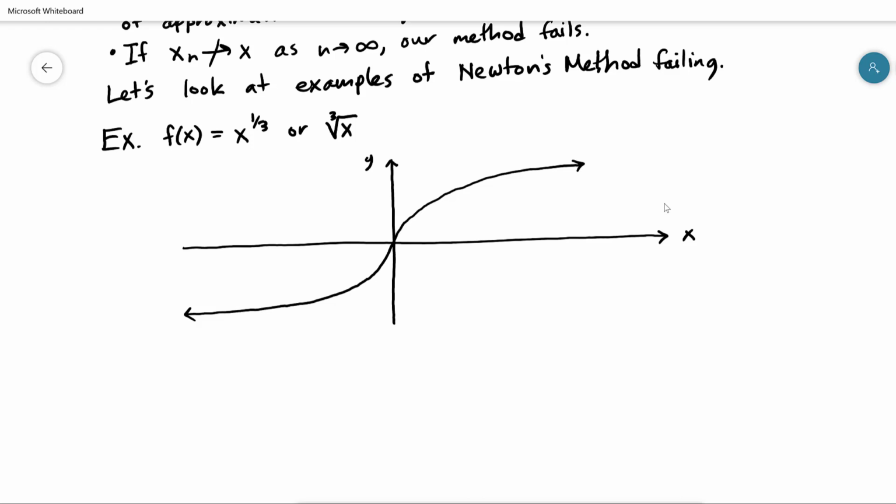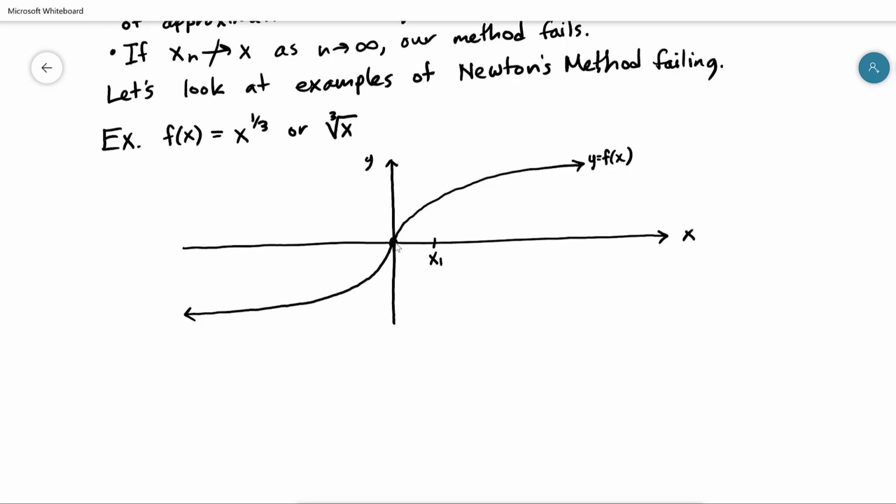And so we can see what will happen here potentially if this is the point that I'm trying to find. Right, we can see by observation it's going to be the origin. The origin is where the 0 of this function is. So here's my f of x. Y equals f of x. And I'm trying to find, again, the 0 of this function. So let's say that our first guess wound up being here.